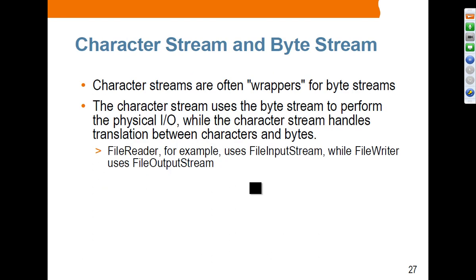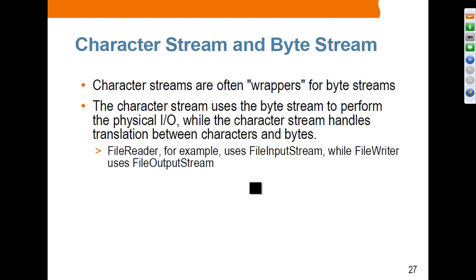So character streams are often wrappers for byte streams, and a character stream uses a byte stream to perform the physical I/O, while the character stream handles translation between characters and bytes. So basically, because it's dealing with characters, it will actually perform the translation between bytes and Unicode. So in our example, the text file that I provide is actually English, okay?